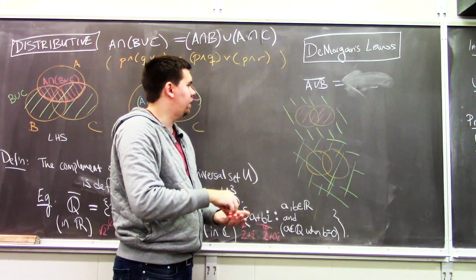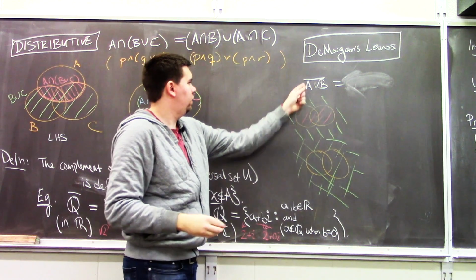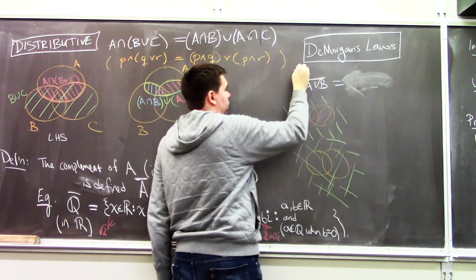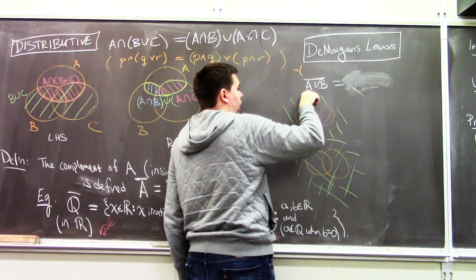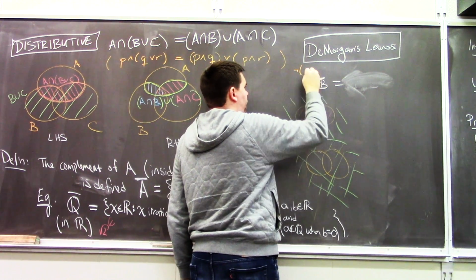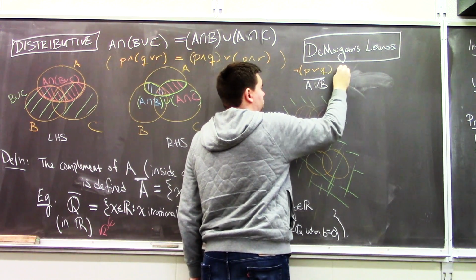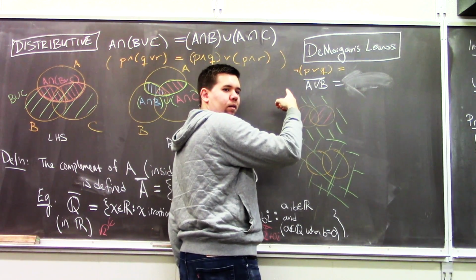Well, here's one way you might think about it. The complement is saying not in, so it's like a negation. Negation of A or B, like P or Q. What did that come out to be?